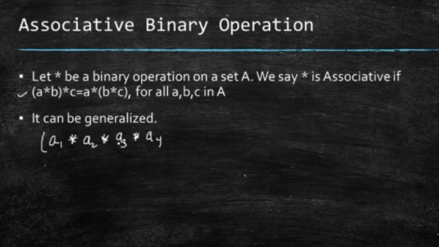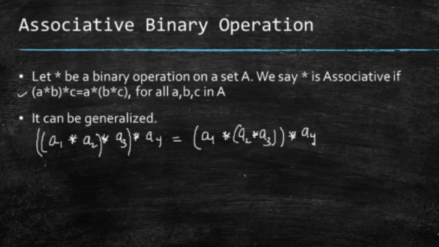And I'm operating A1 and A2 first, then the result is operated on A3 and then on A4. This will be the same as saying I'm operating A2 and A3 first, then operating it with A1 and lastly with A4. So this is one kind of permutation where I have placed the brackets differently. You can play with brackets as I'm saying in an associative binary operation, right?